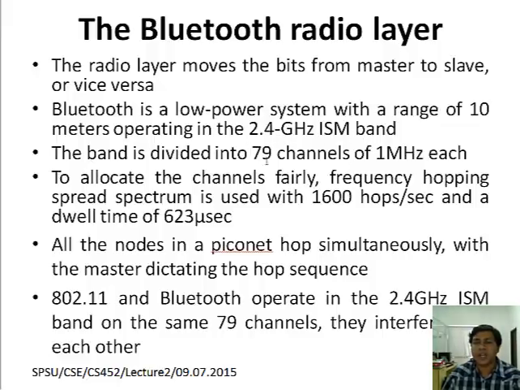The band is divided into 79 channels of 1 megahertz each, and we have seen the hops are calculated at 625 microseconds. It uses the 802.11 architecture, but Bluetooth normally comes under 802.15, and these are the Bluetooth radio layer specifications.